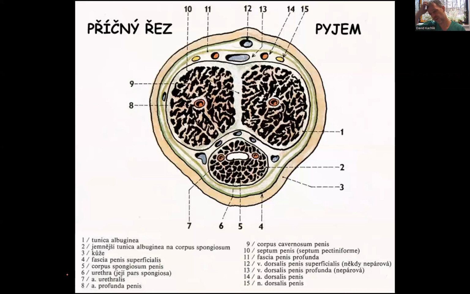So a transverse section of the penis, you have to know how to draw it. So again, we have here the cavernous body with the deep artery of the penis. Don't forget the septum and the tunica albuginea, which is this one, separate for the cavernous bodies and separate for the spongy body, which contains the urethra and a paired urethral artery.